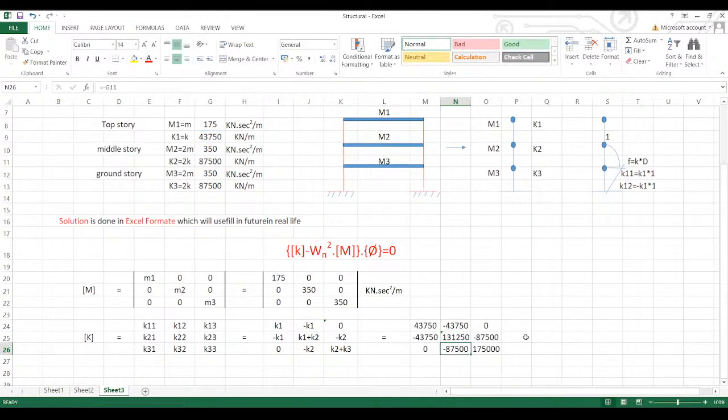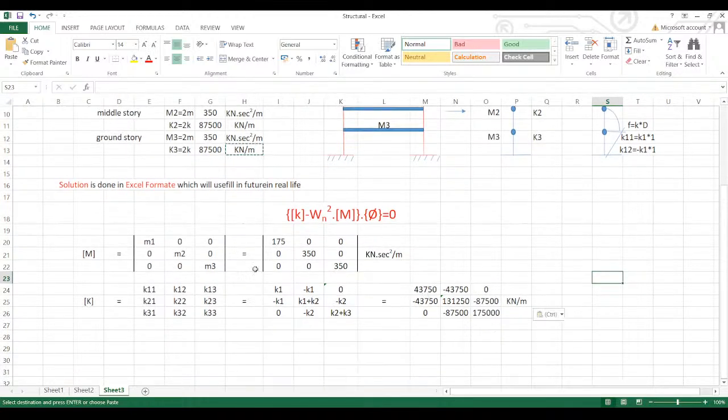Alright. This is our stiffness matrix. What is the unit? Kilonewton per meter. We have found the stiffness matrix here. Okay, this is our stiffness matrix.